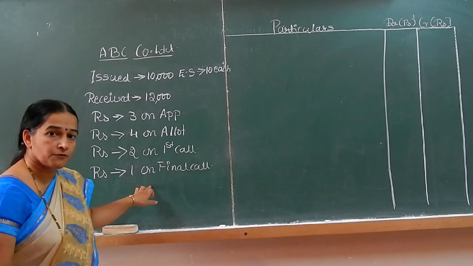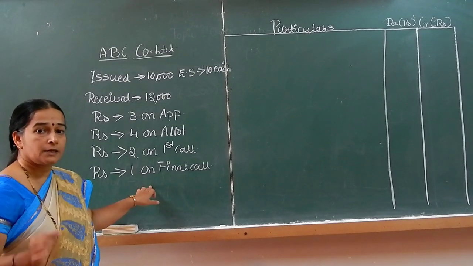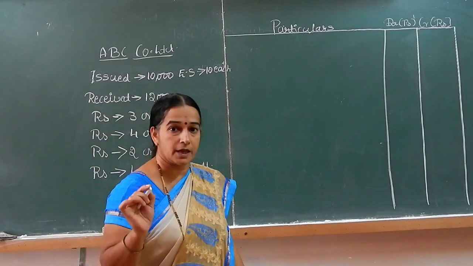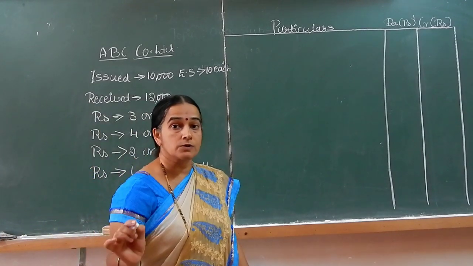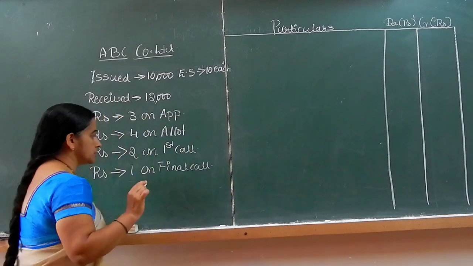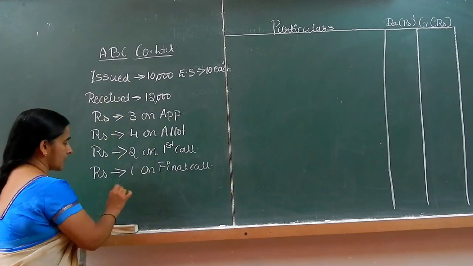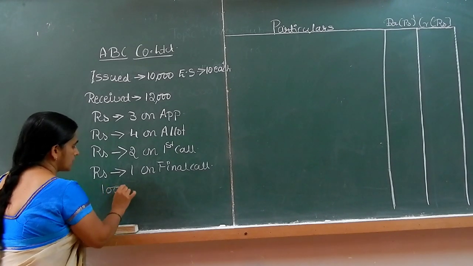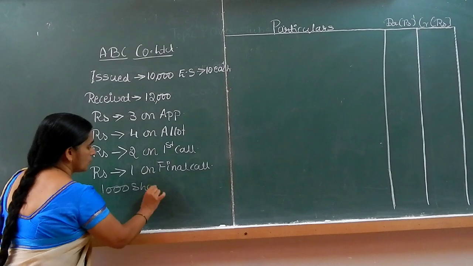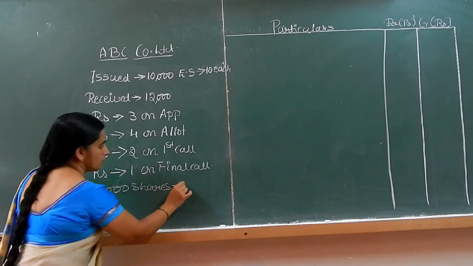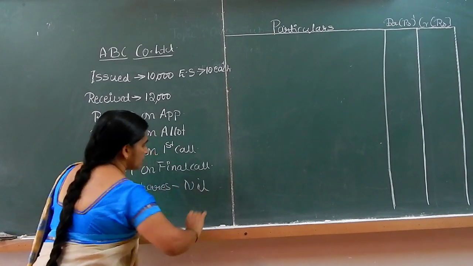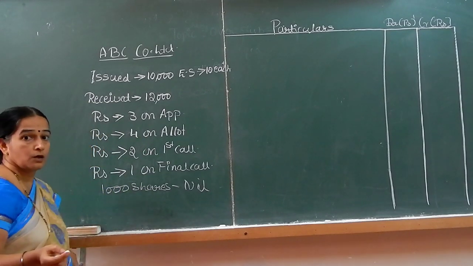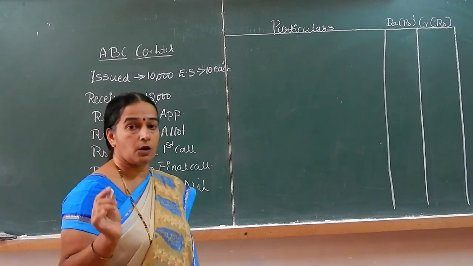The directors of the company decided to return the application money on 1,000 shares, for whom no shares are allotted.